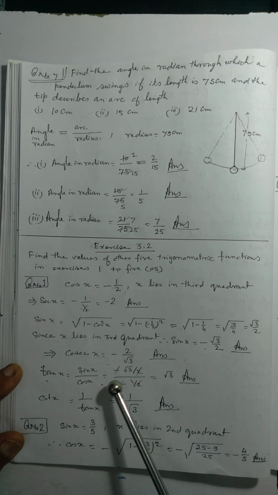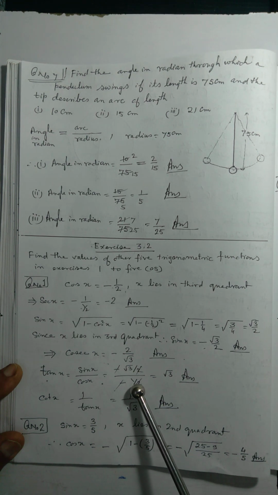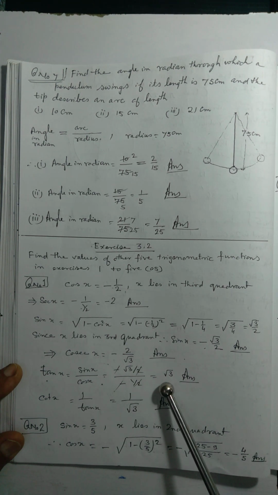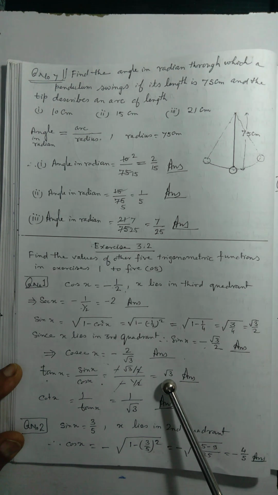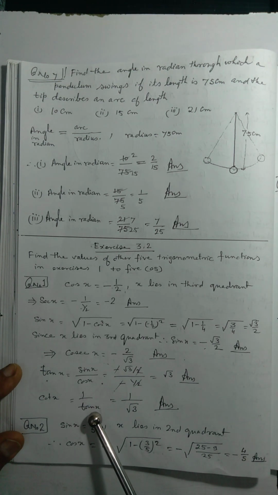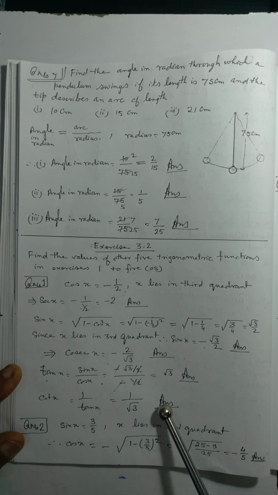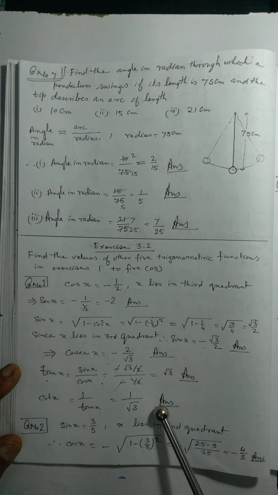Above we have worked out the value of sin x and cos x. Substitute these values and solve it. We will get root 3. This means in the third quadrant, tangent x will be positive. Cot x, that is 1 upon tangent x, so 1 upon root 3. This will be the value of cot x.